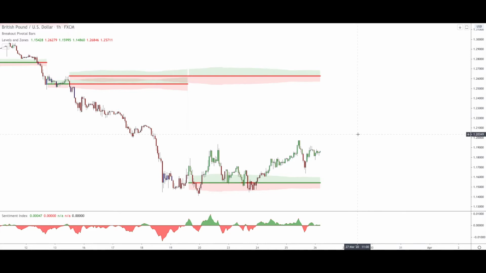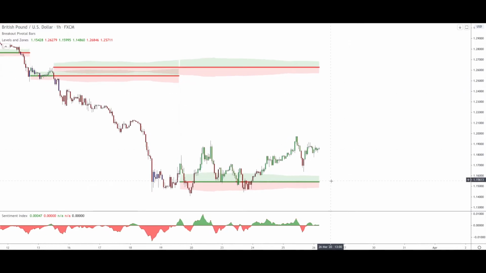I don't know whether the movement will go above our resistance up here, but definitely there is a very high probability that the price will go higher than the current level and keep moving within the resistance up here and the support down here.